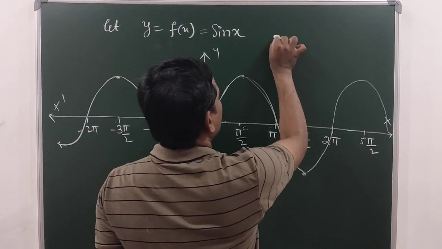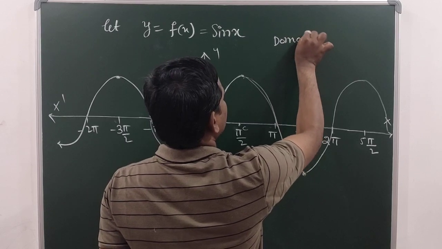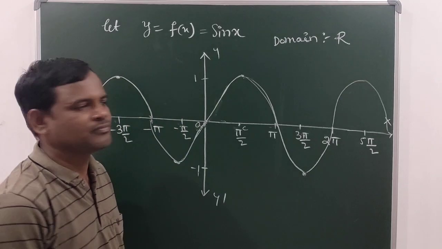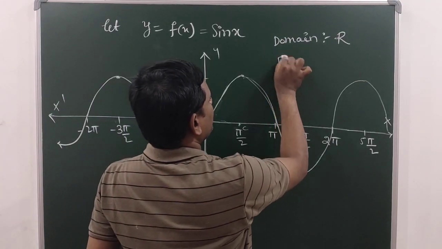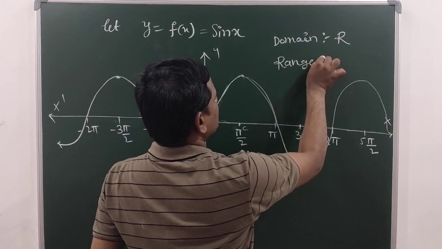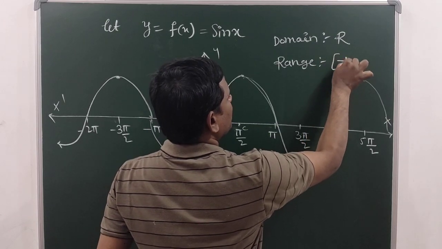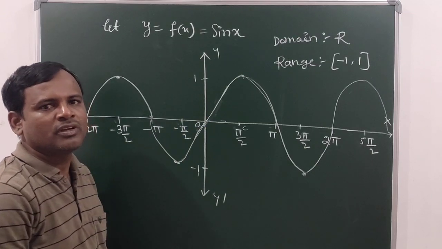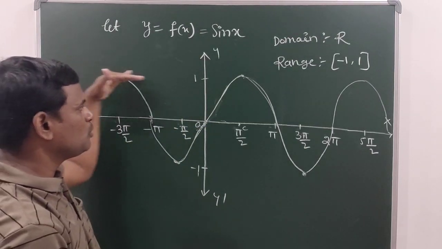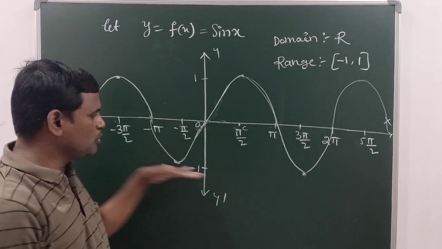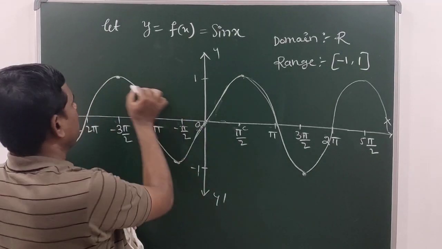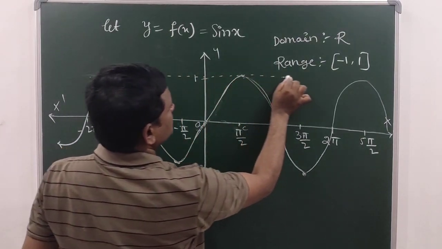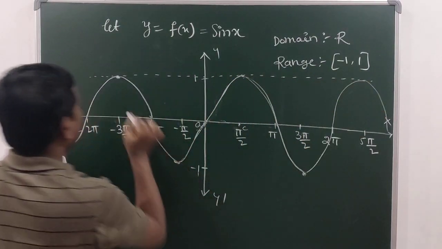Hence, the domain of this sine function is the set of real numbers, and the range is the closed interval of -1 to 1. If you draw a horizontal line through 1 and through -1, this horizontal line will touch the sine curve at these extremes.